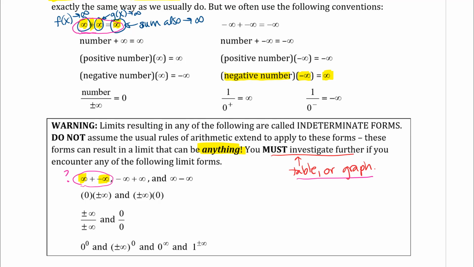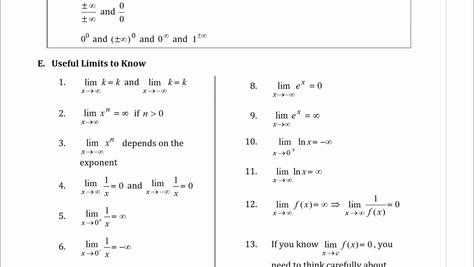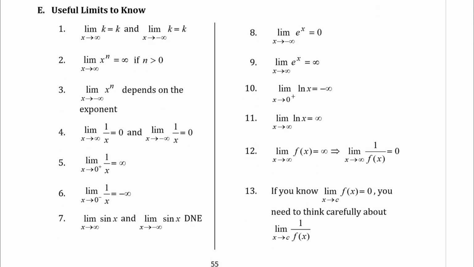All right, so besides being able to combine functions, I've got here some useful limits to know. Most of these I tend to think about in terms of the graph of the function.